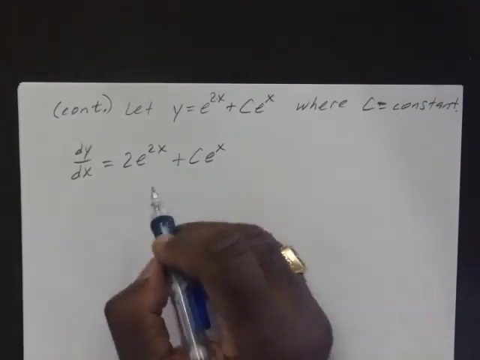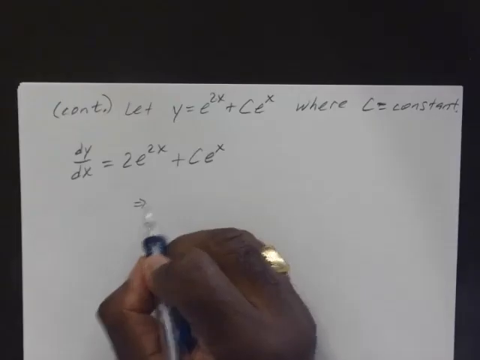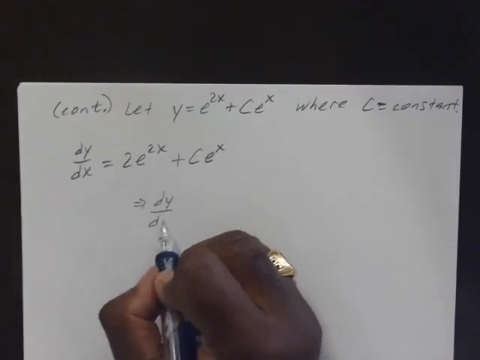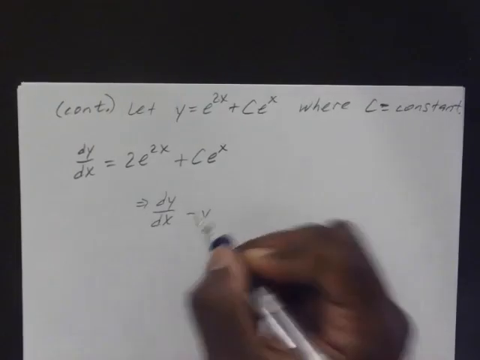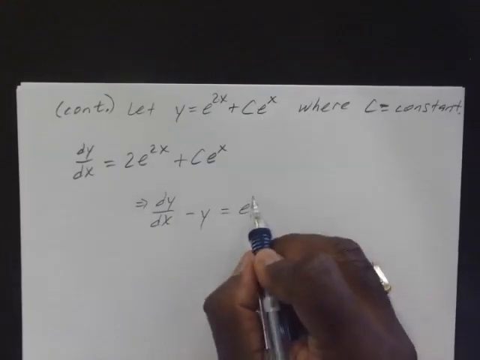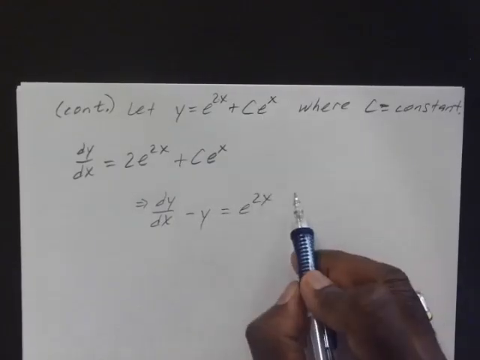So if we plug those in, we know our dy/dx minus y is equal to e to the power of 2x. That's what we're trying to prove.